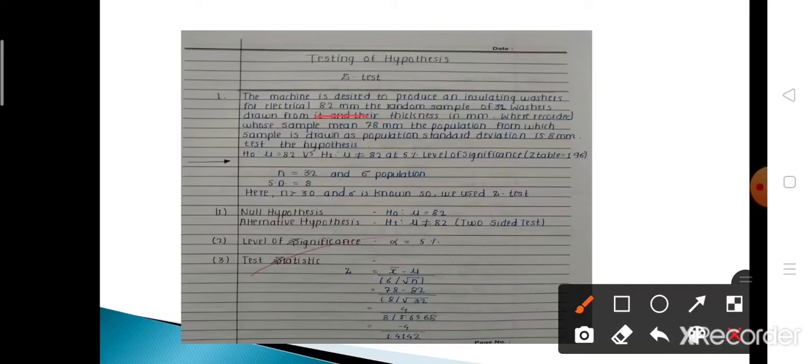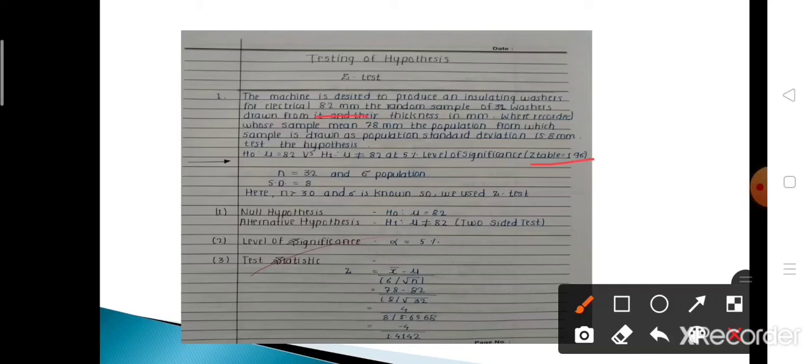Test the hypothesis H0: mu is equal to 82 versus H1: mu is not equal to 82 at 5% level of significance, and here the Z table value is 1.96.